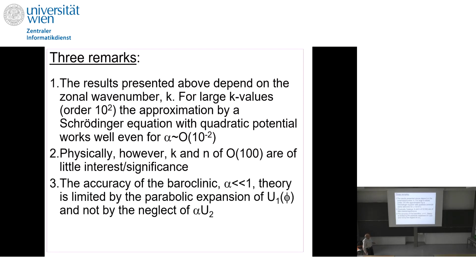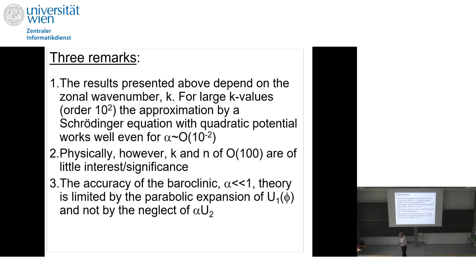K of 100 is not really an interesting wave number. And the accuracy of the theory for alpha much less than 1 is limited not by the neglect of alpha U2, but by the approximation of U1, the approximate potential, by phi squared.